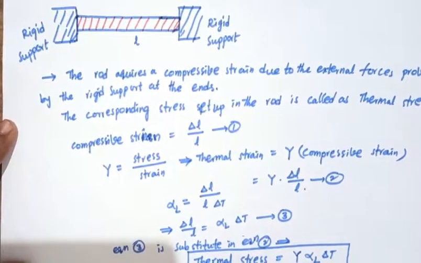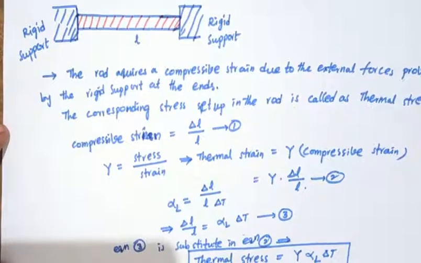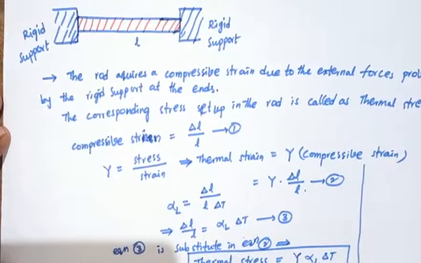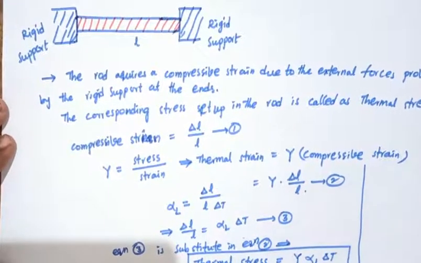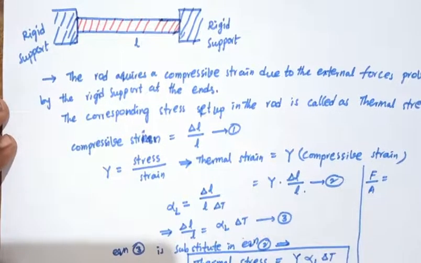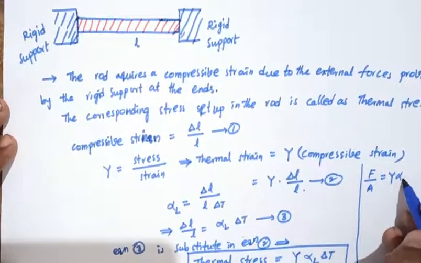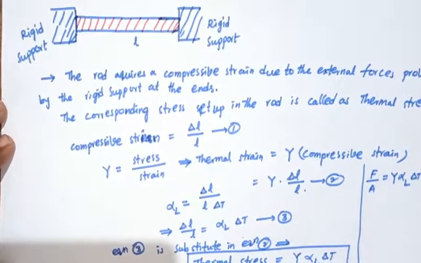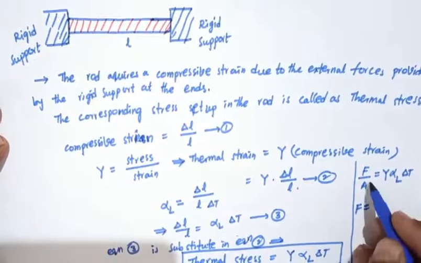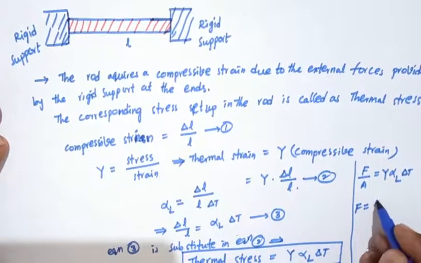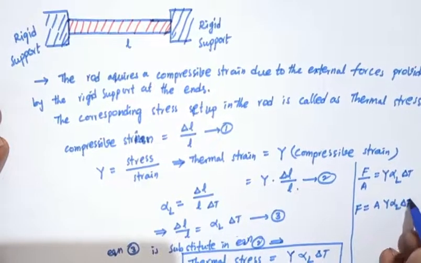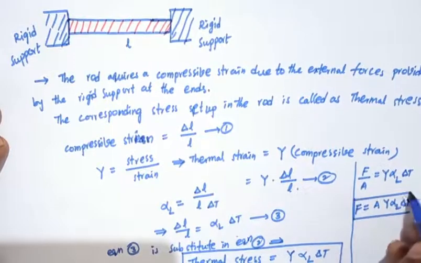Stress is nothing but force by area. The external force is applied. So thermal stress, that is force by area, equals Y alpha L into delta T. So force F equals area of the rod A into Y alpha L into delta T. This is the external force.